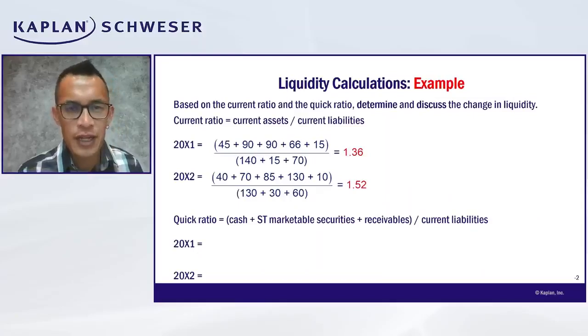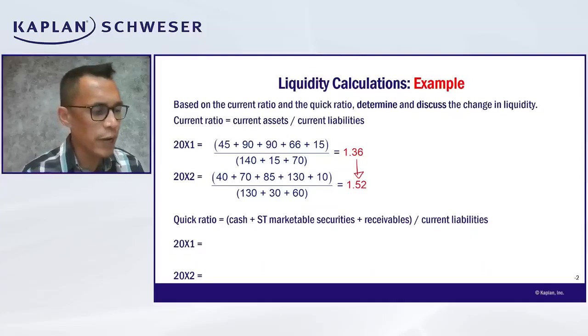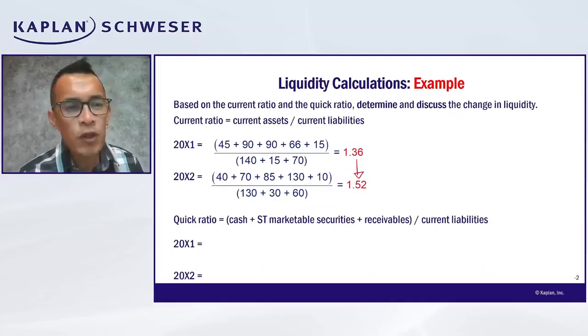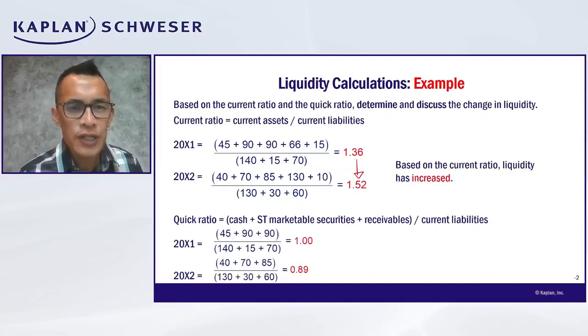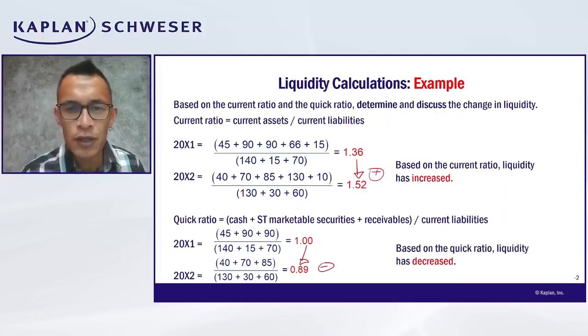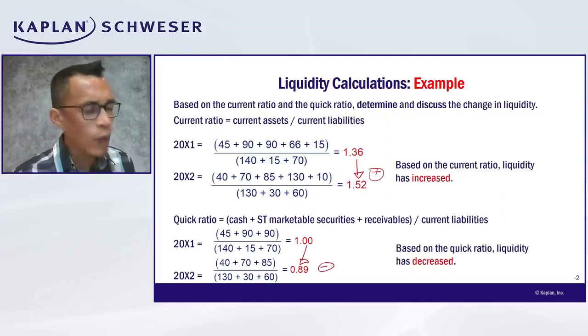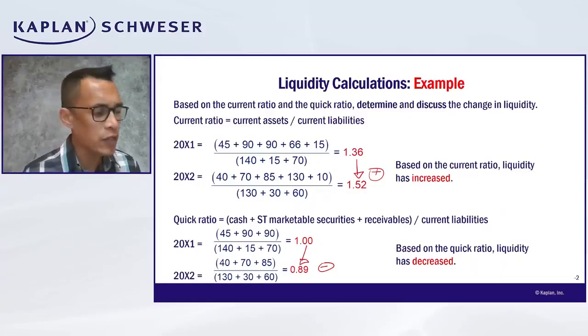You can see how it increases from 1.36 to 1.52. But if you look at the quick ratio here, you'll see that it has actually decreased. So that's a minus, that's a plus. So what's going on? These are conflicting conclusions, so we need to understand why.